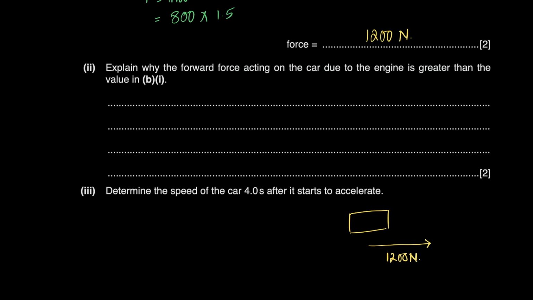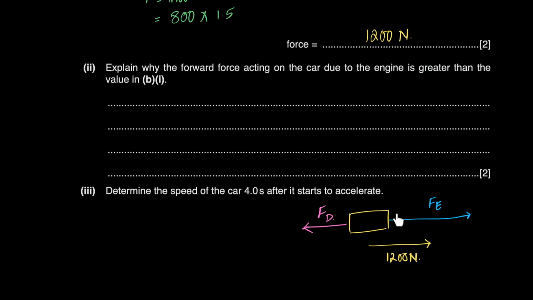Well, we just calculated it because we knew the acceleration. So they're saying that the force from the engine is much larger. Why is that? Well, because the car is experiencing some drag force, some friction, right? So whatever the engine is trying to output, it's going to get slowly countered by the drag force.